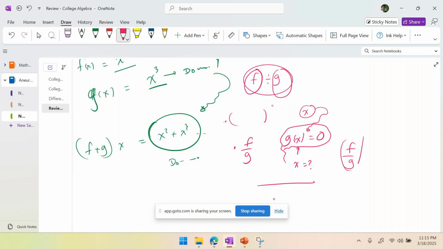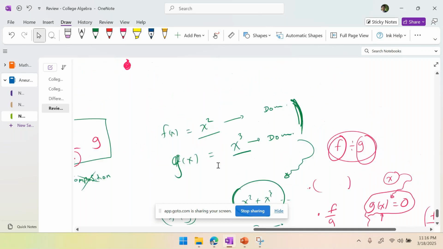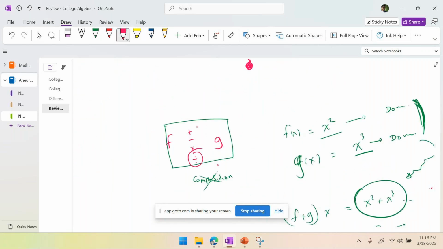You should only do that when you have a division. Other than that, for the other three operations, you just find the common elements, and that's it. For the division, once again, you find the common elements, but you take an extra step of removing the x values which make the denominator 0.